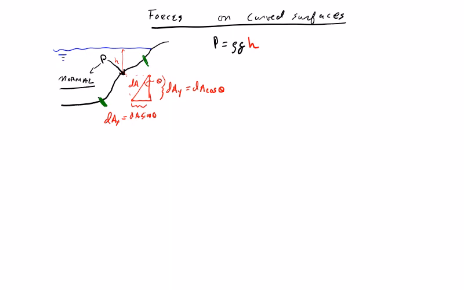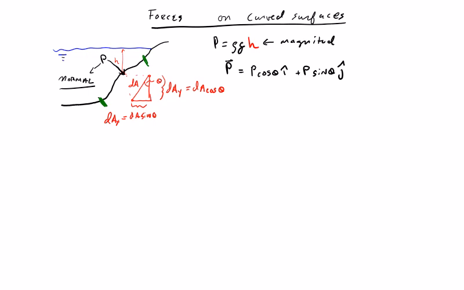Pressure acts normal to the surface, which means that if this is the magnitude of P, we could break P down into a vector and say that there's some P cosine theta in the I direction plus P sine theta in the J direction, just at this little point.